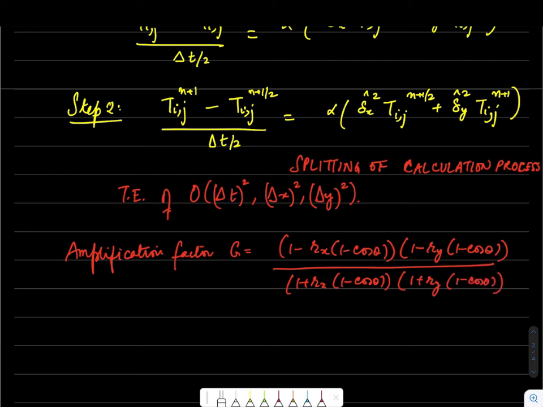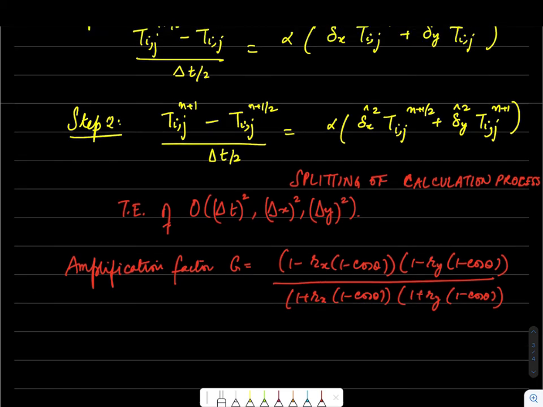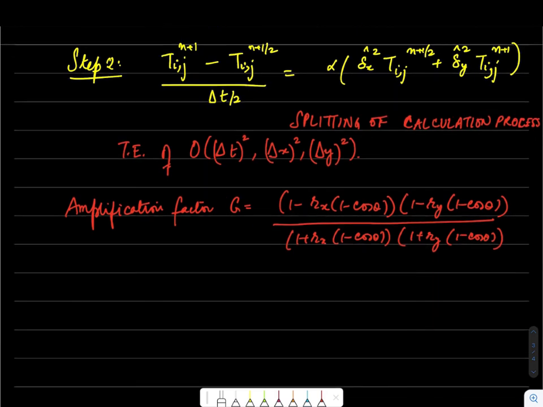Now note that the denominator will always be more than the numerator, and so this scheme is unconditionally stable.